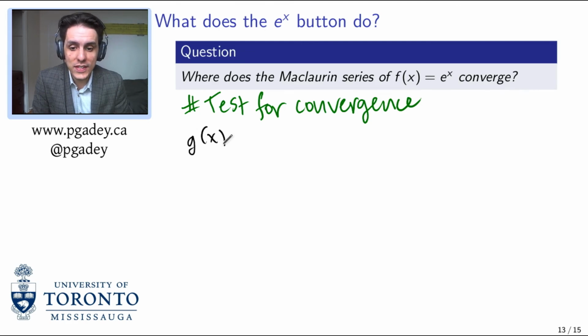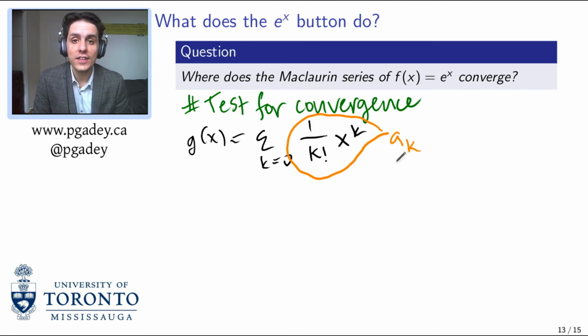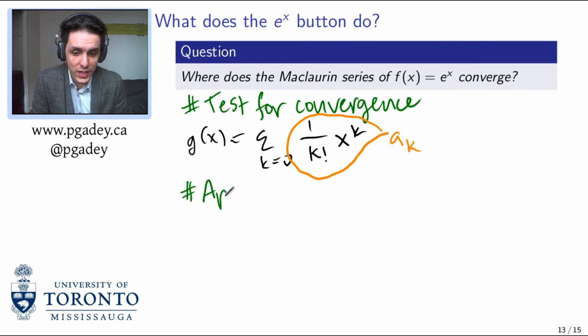From our previous slide, we have that g of x is the following. And this term here is the general term of our series, so these are our a_k's. What we have to do is test when the sum of these a_k's converges. To do that, we're going to apply the ratio test.